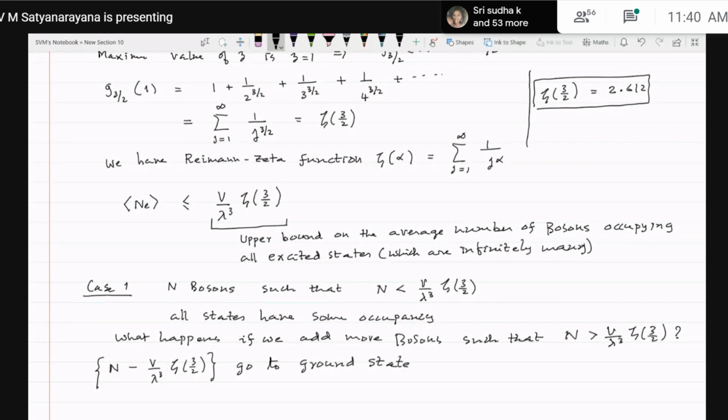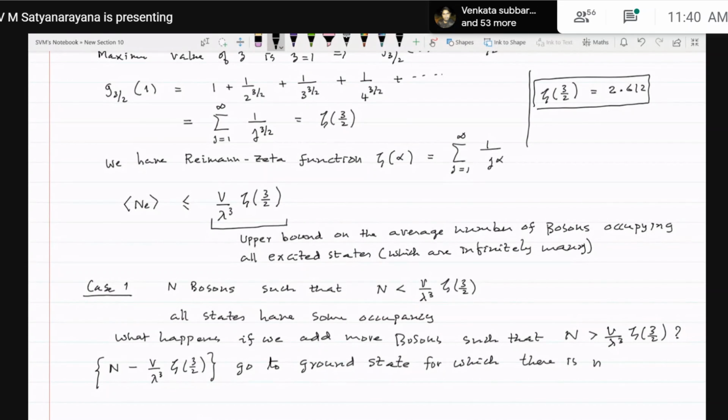Ground state: as many particles as want to can go to the ground state. There is an upper limit only on the excited states. For the ground state there is no limit.